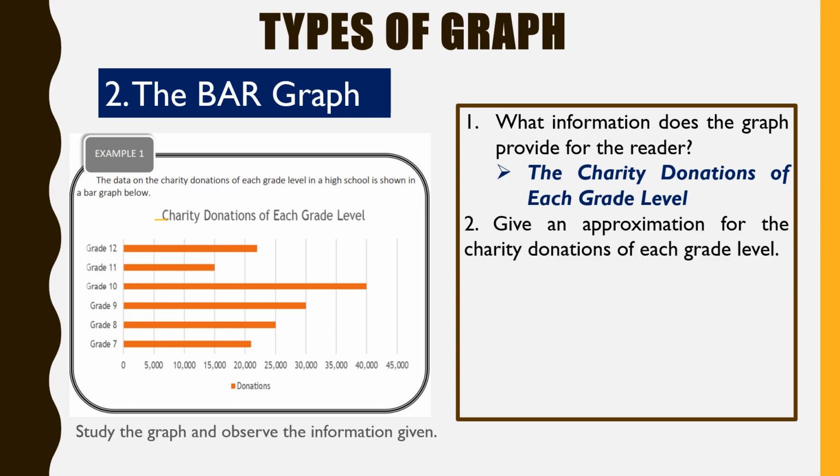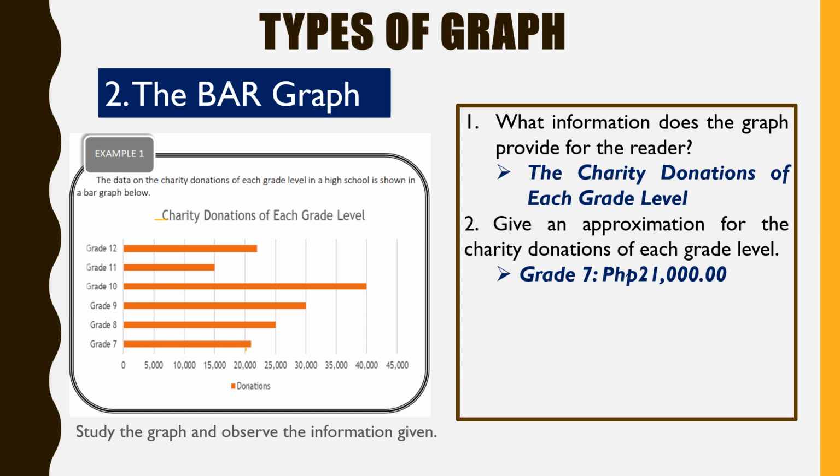Number 2, give an approximation for the charity donations of each grade level. So let's look at the graph. By the way, this is an example of a horizontal bar graph. For grade 7, it is approximately 21,000 pesos because it exceeded 20,000. This line is 20,000. It exceeded a little, so let's add a little.